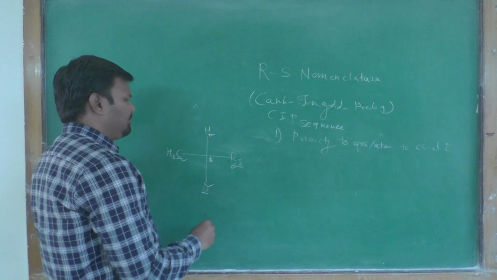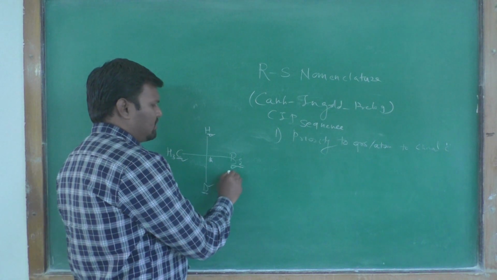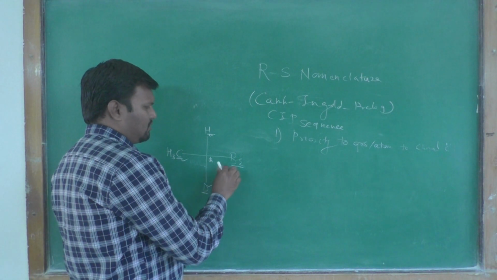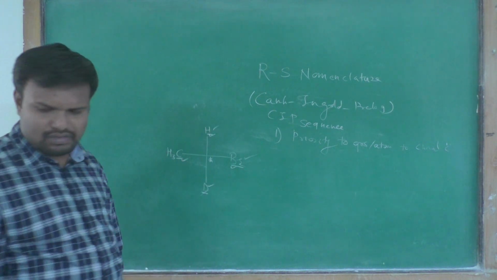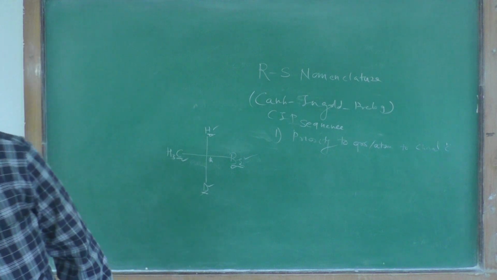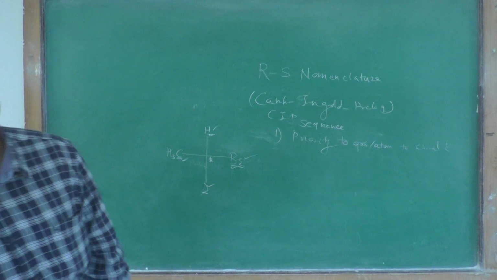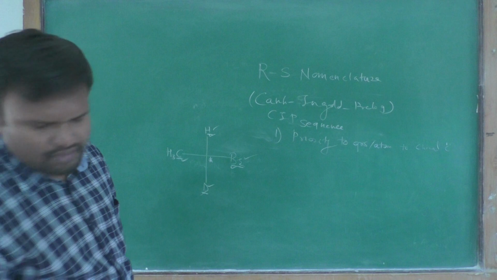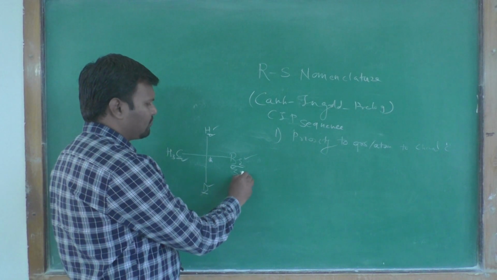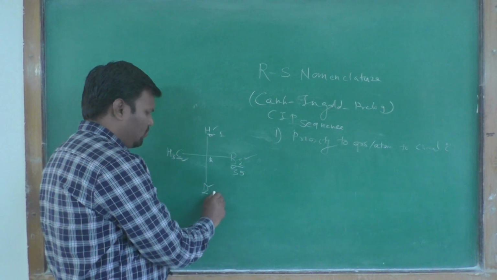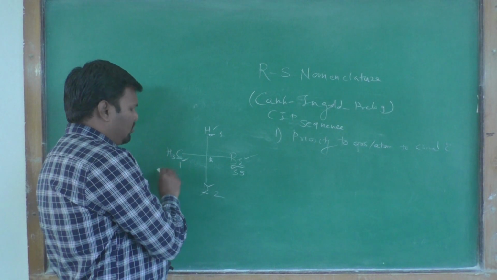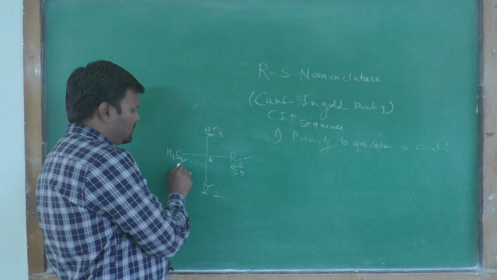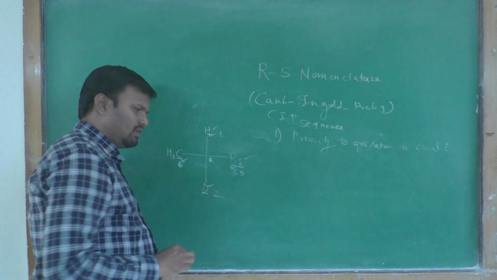In this case bromine has a higher atomic number than the other three. Bromine has atomic number 35, hydrogen has atomic number 1, deuterium is 2, and carbon has atomic number 6.